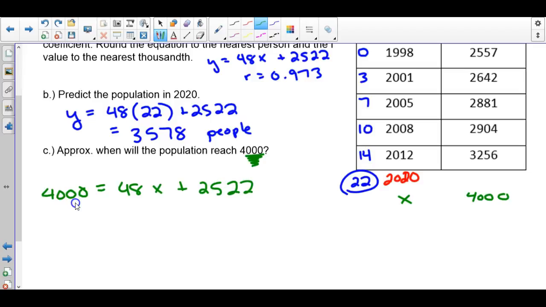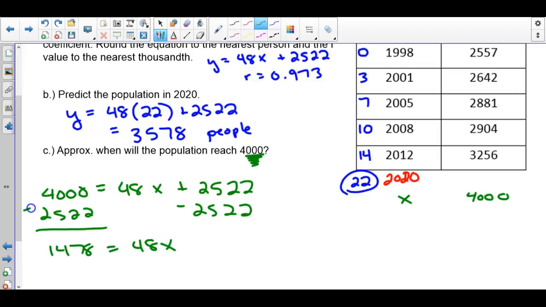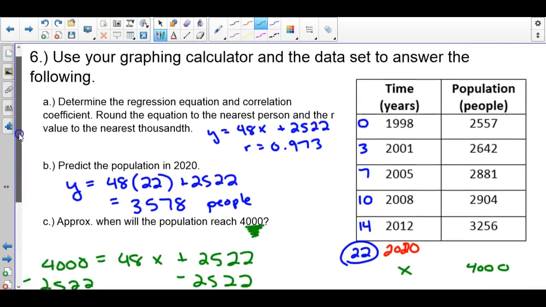I'm going to take my 4,000 minus my 2522 and get 1478 equals 48x, and then I'll divide both sides by 48, and I'm going to end up with an x value of 30.79. So that is approximately 30 to 31 years after 1998.